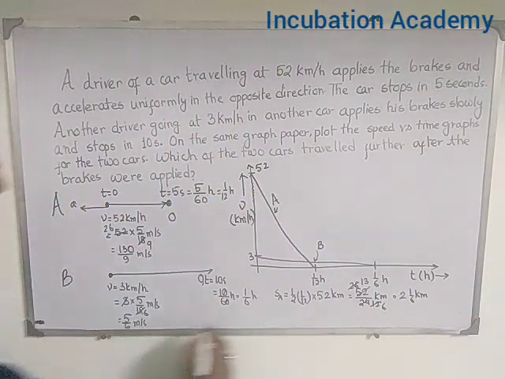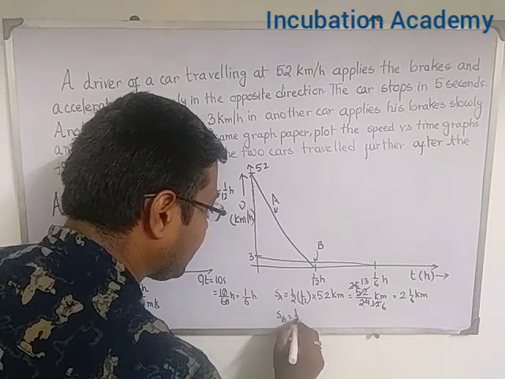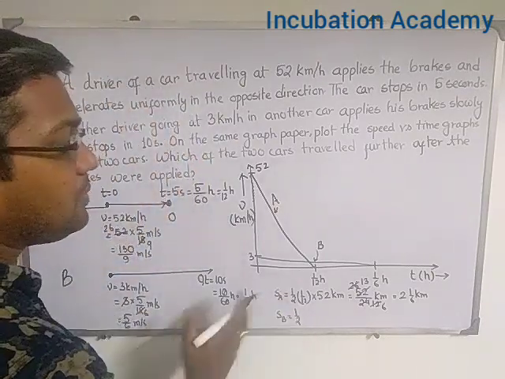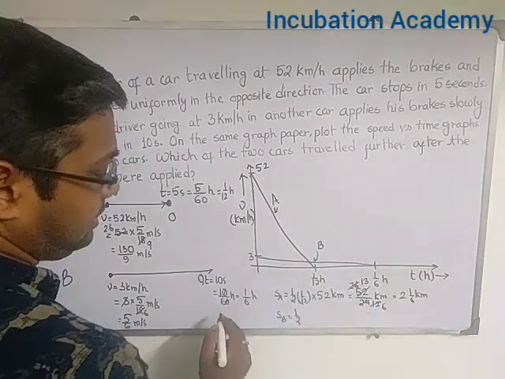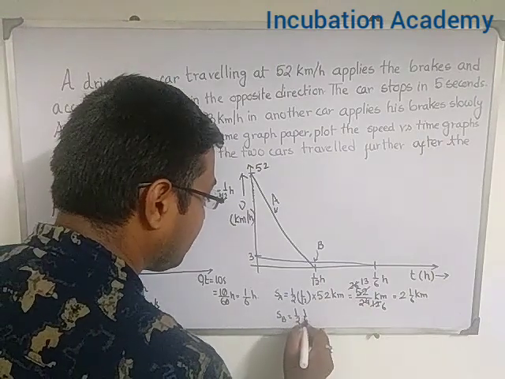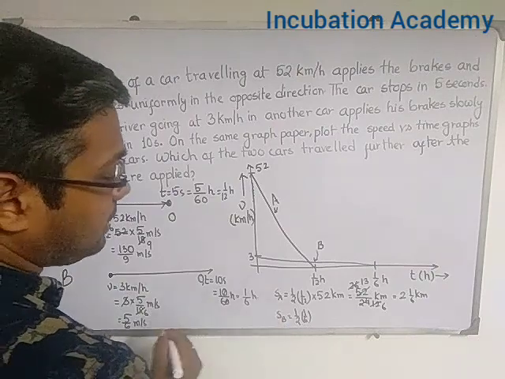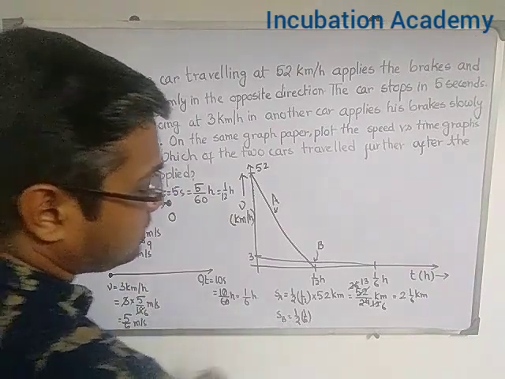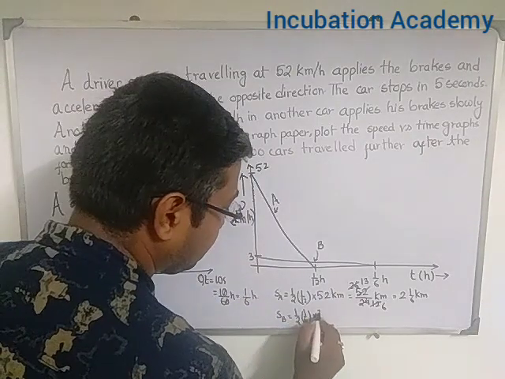Now let us come to the case of car B. So S_B is simply again 1 by 2 into base into height, since it is a triangle. The base is now 1 by 6, and the height is simply 3.